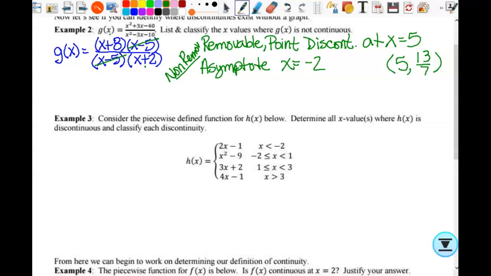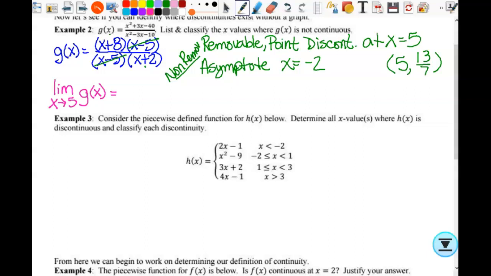Now, we're going to write down a couple other things here. For this function, the limit as x approaches 5 of g of x, what is that limit? It's what? 13 over 7, right?